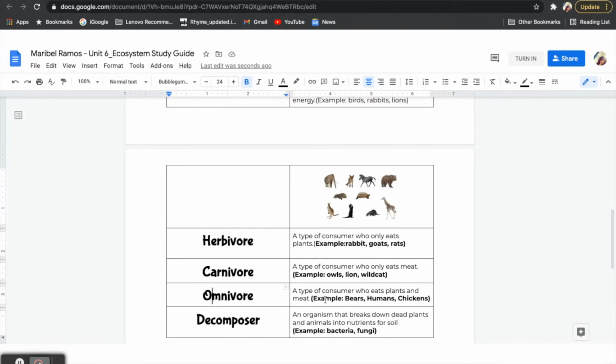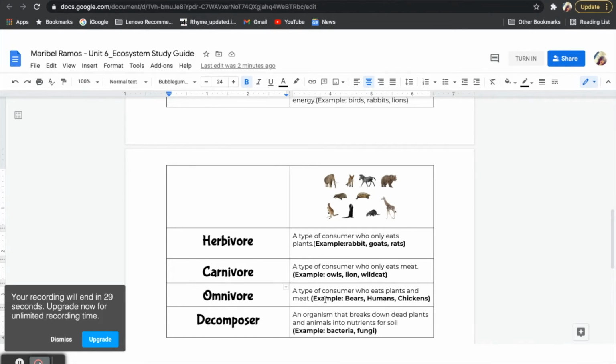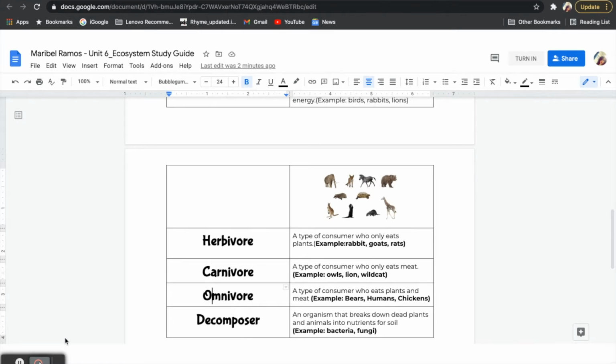Well, guess who helps those dead animals and plants break down into tiny pieces? It's decomposers. Decomposers are organisms like bacteria and fungus who break down dead plants and animals back into small nutrients so that they can go back into the soil. When they are back in the soil, they are able again to help the producers grow. It is one big cycle.